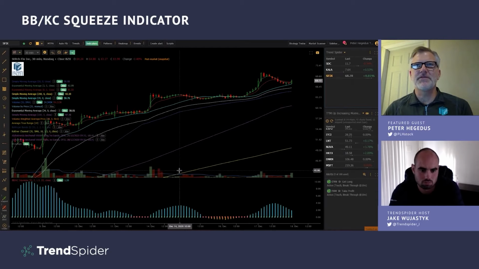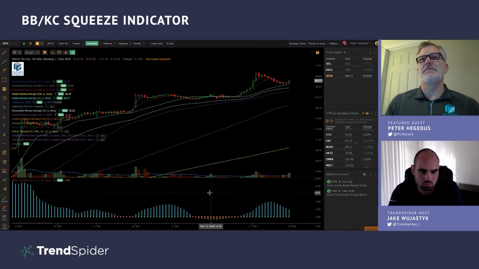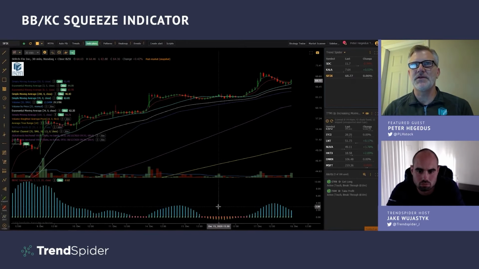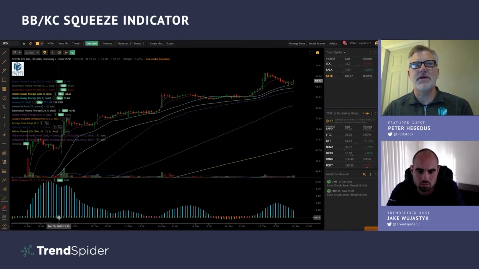So that's the first simple part. And then we combine that with what we call the actual TTM Squeeze. And that's going to be represented here on this chart by the green dots that you have here, or the series of red dots that I have there and that I have there. And with this, green dots is considered not to be in a squeeze.